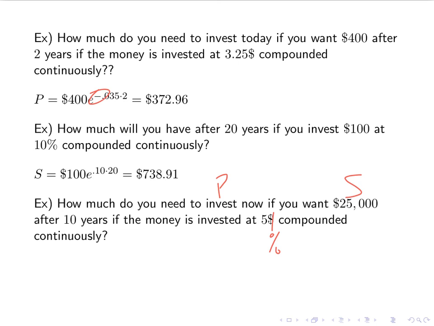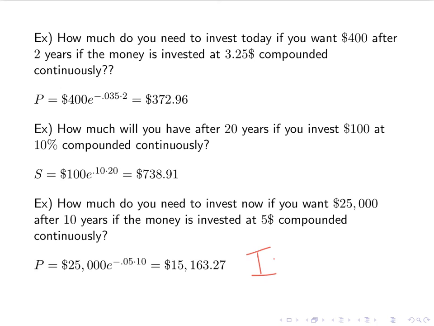T is the 10. 5%, 0.05. Compounded continuously tells me E. So P equals 25,000, E to the negative 0.05 times 10. And that should be giving $15,163.27. And again, P is less than S, so it makes sense.